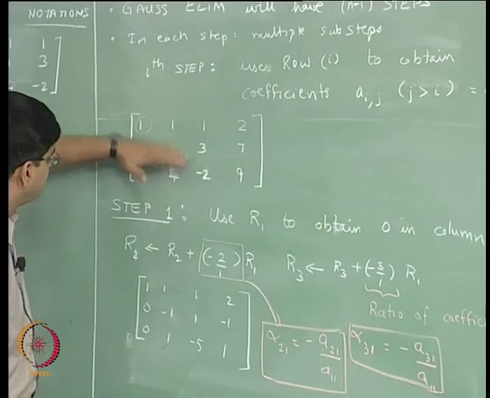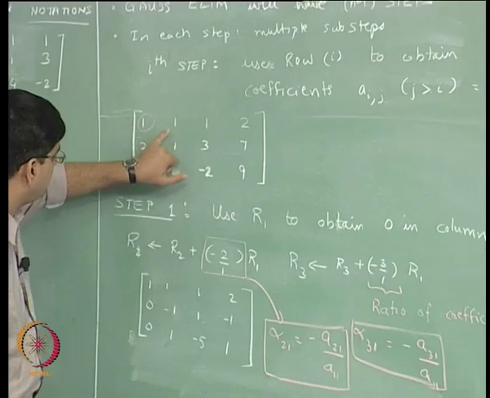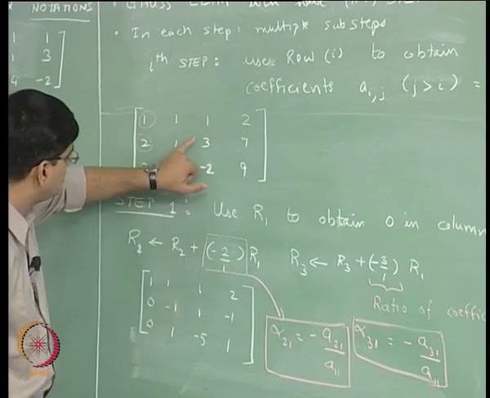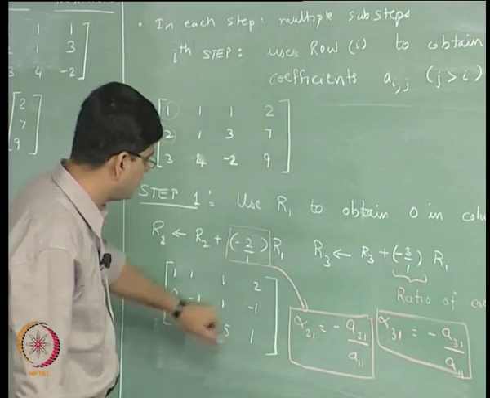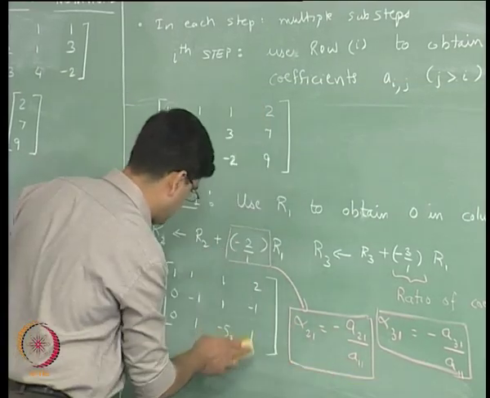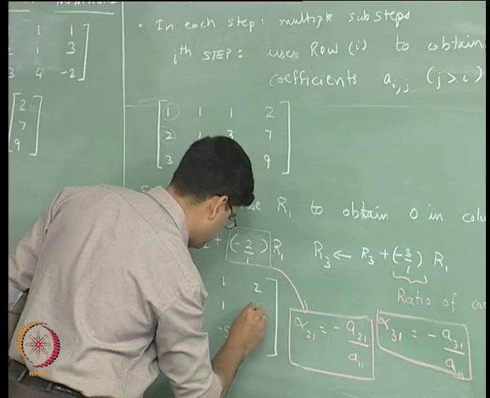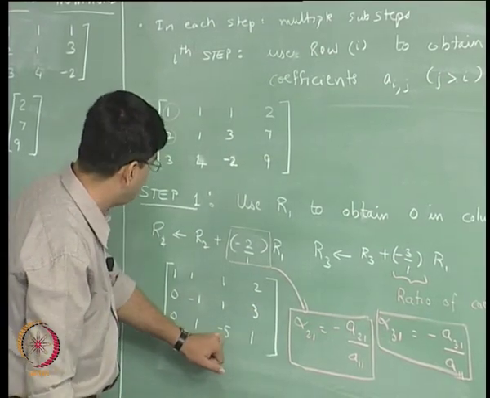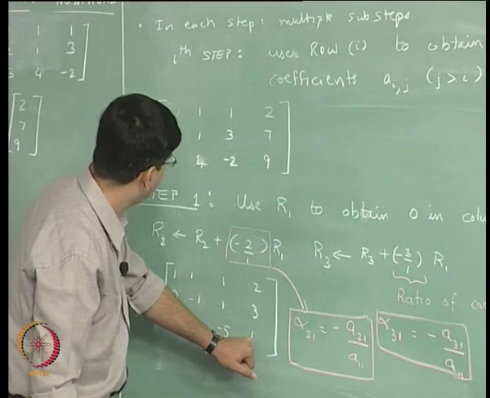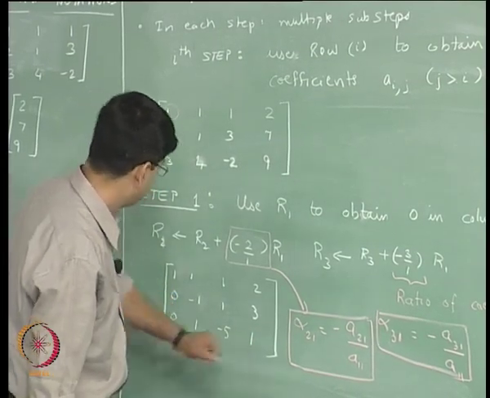So when we do this row operation, this will be 0 minus 1 minus 2 is minus 1, 3 minus 2 is plus 1, 7 minus 4 is plus 3, and 0, 1 minus 5 and 3 times, yeah, and 1.